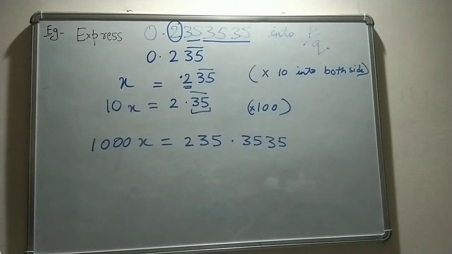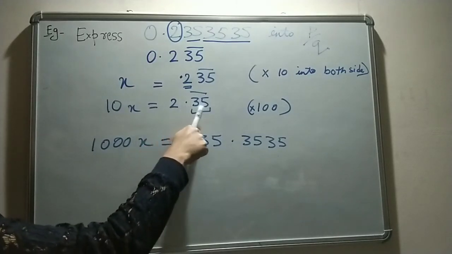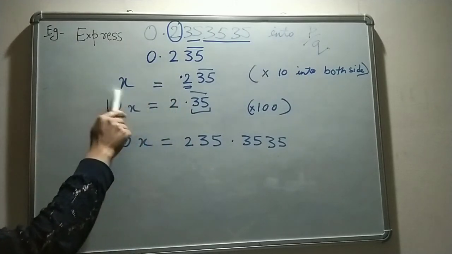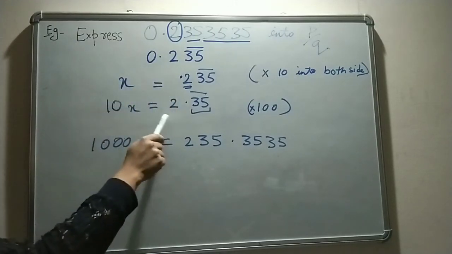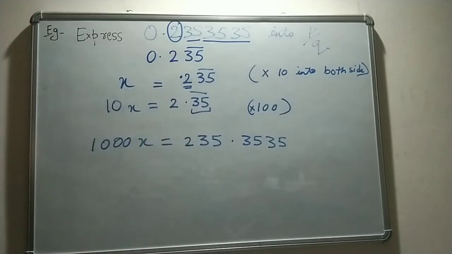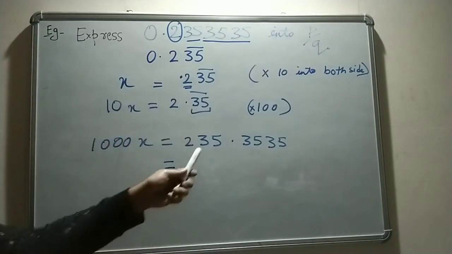Now we know that 2.35 repeating equals 10x. By how much should we subtract to get this figure?